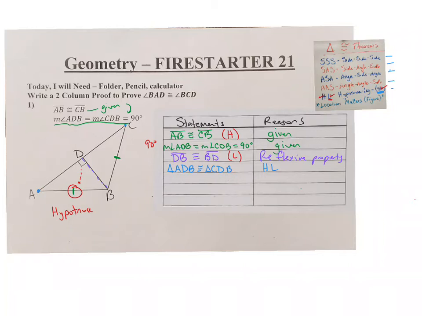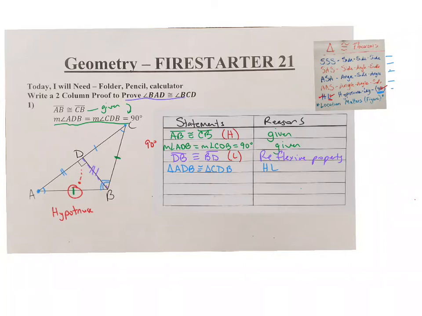So I can say that this angle right here is congruent to this angle. I can say this angle right here is congruent to this angle right here. I can also say this side right here is congruent to this side right here. And remember, this side was actually done from the reflexive property. So anything in blue is something I could use for CPCTC.